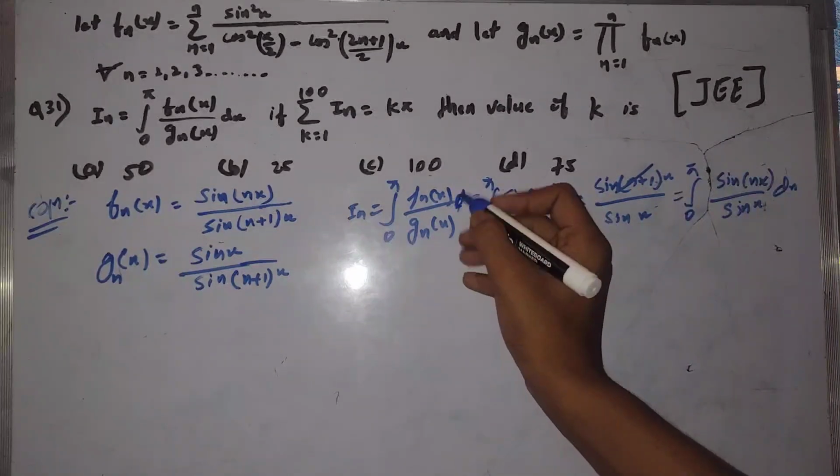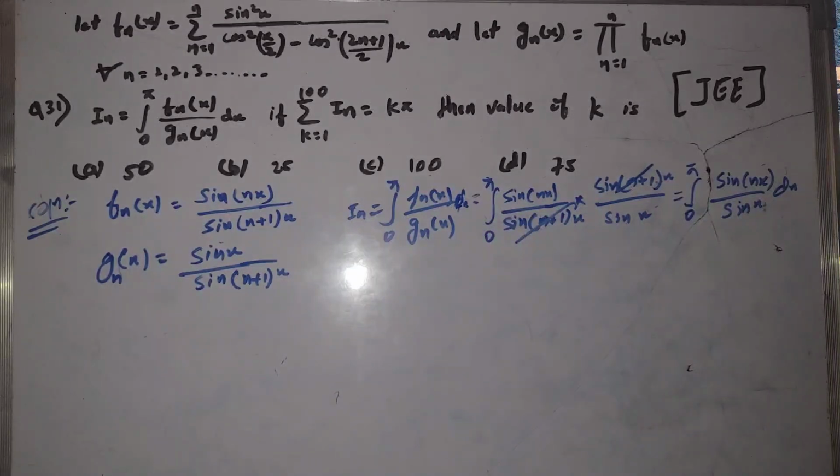So this is I_n, and we have to find it for n from 1 to 100.